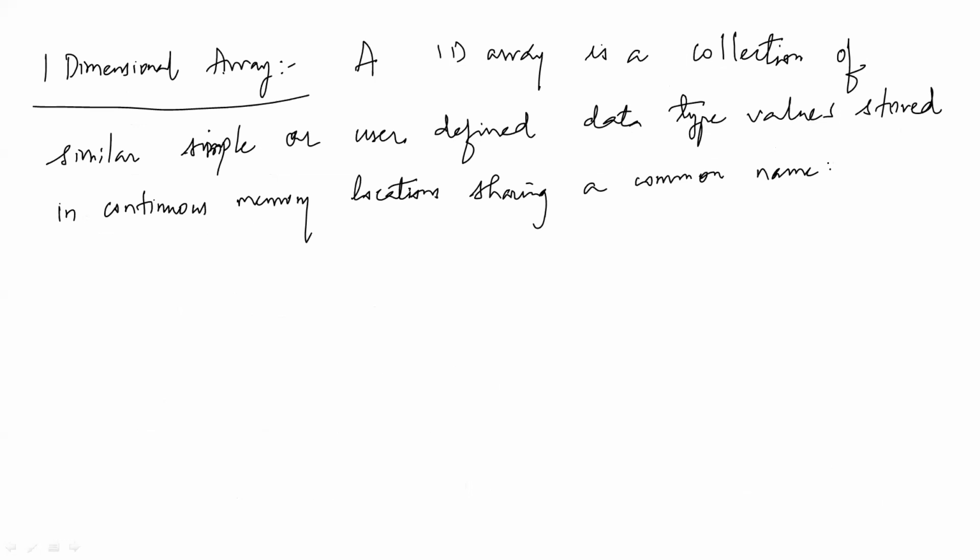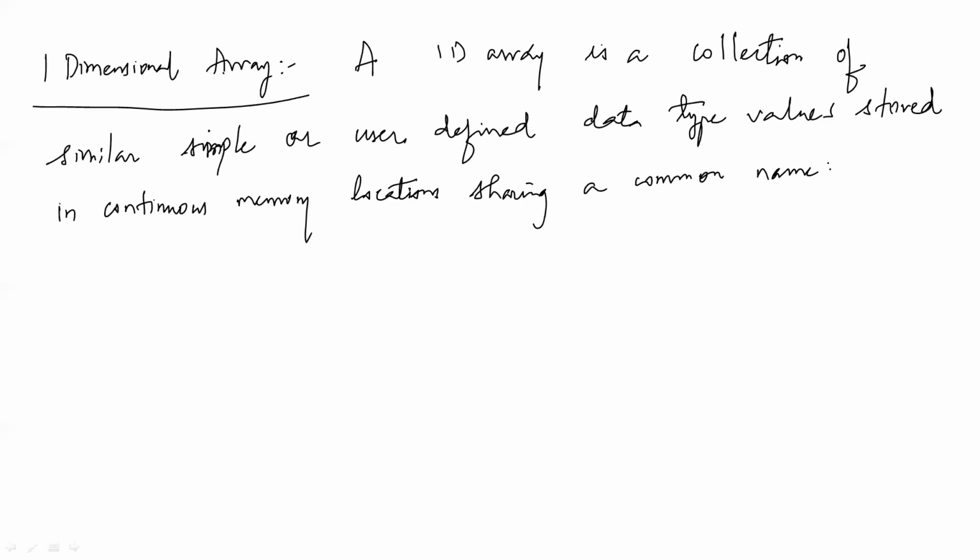Instead of simple, you can write predefined, or primitive, or basic data types, or user-defined data types, collection of structures, collection of unions, right?